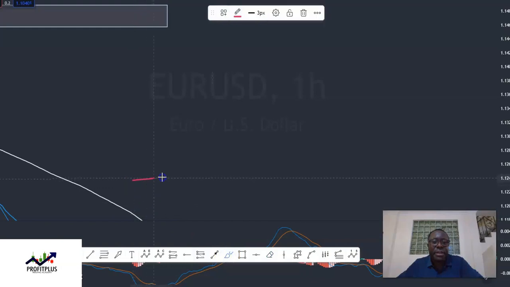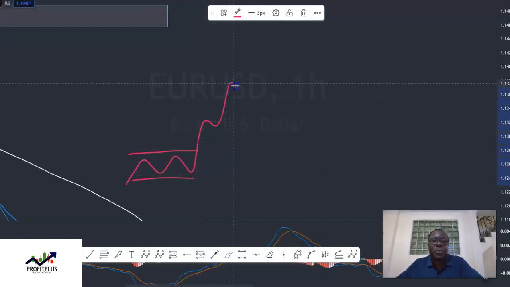Now, this is the accumulation phase. Price is seen to move between these two ranges and now breaks out, it moves three times up, and now enters into this trapping phase. So this is the inducement phase. This is the accumulation phase. And I said the accumulation phase happens around the Asian session, and now here is the trapping phase.